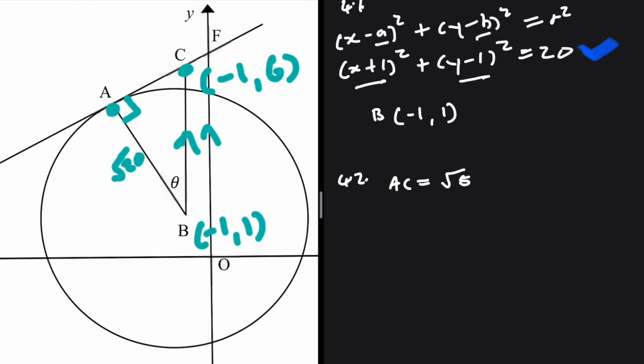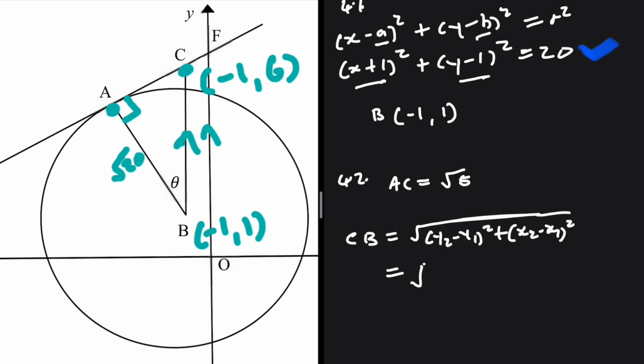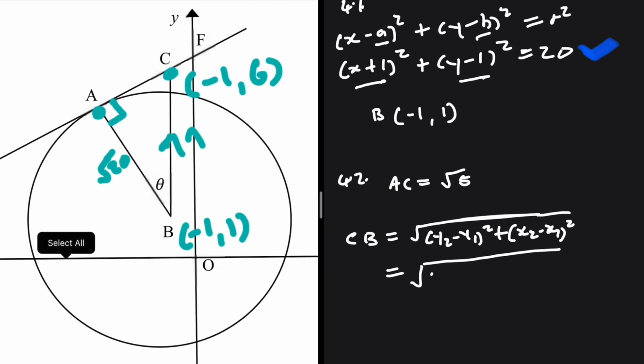But for the faint-hearted ones, CB is equal to the square root of (y2 − y1)² + (x2 − x1)². Let's take C as our second point. So we're going to have the square root of (6 − 1)² + (−1 − 1)... so −1 + 1, that is just 0.